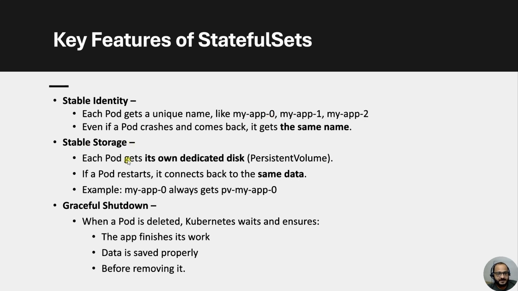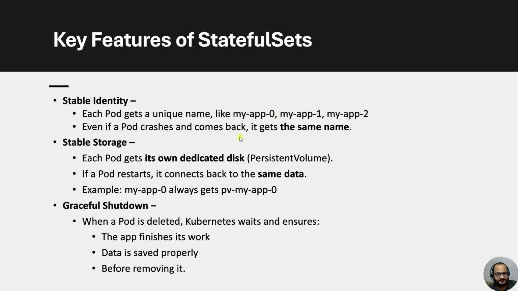Stable storage. Each pod gets its own dedicated disk, like a persistent volume. So if a pod restarts, it connects back to the same data. Suppose myapp-0 crashed and Kubernetes created a replacement pod with the same name, myapp-0. In that case, whatever volume was attached to this particular pod is attached back when the container is up and running.